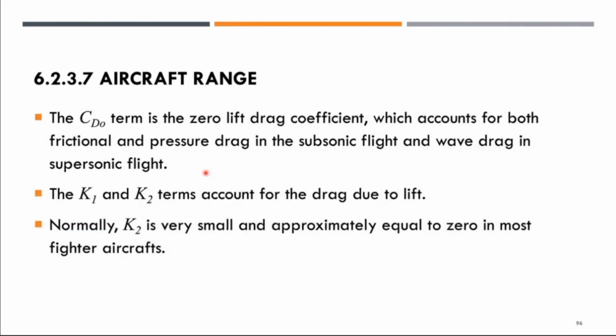The CD0 term is the zero lift drag coefficient, which accounts for both frictional and pressure drag in subsonic flight and wave drag in supersonic flight. K1, K2 terms account for the drag due to lift, and normally K2 is very small and approximately equal to 0 in most fighter type aircraft.